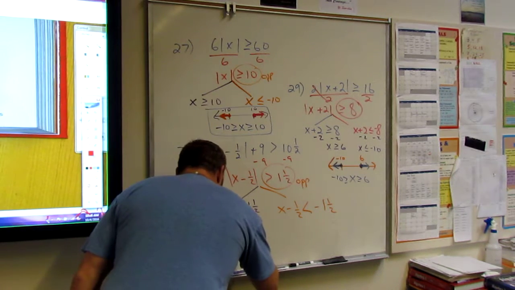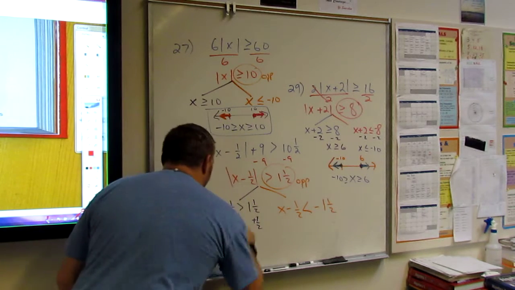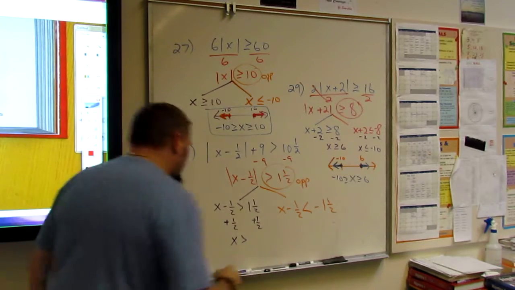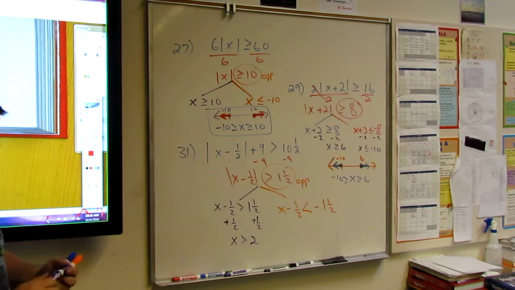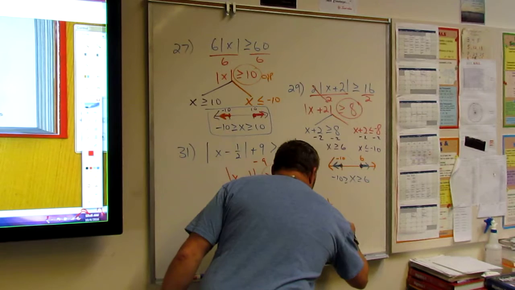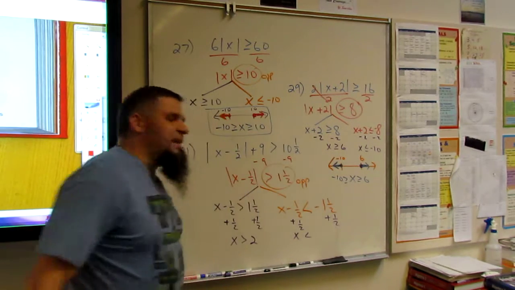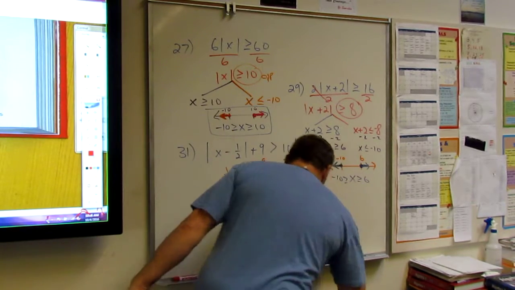I add a half. I add a half. If I add a half to 1.5, how much do I have? 2. Okay. I add a half. And I add a half. If I add a half to negative 1 and 1/2, how much do I have? Negative 1. Good, good, good.